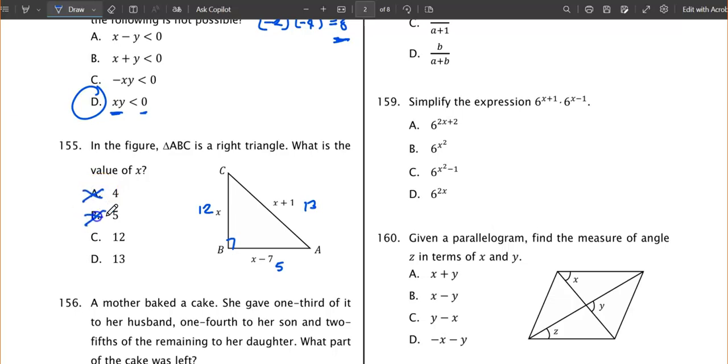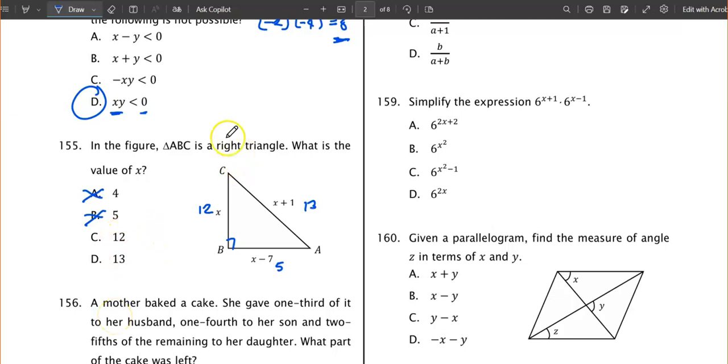A and B are not possible values because if x is 4 or 5, this becomes negative, which is not possible, right? Measurements are always positive. So the 4 and 5 are not possible. So automatically 4 and 5 will be eliminated. We are left with 12 and 13.